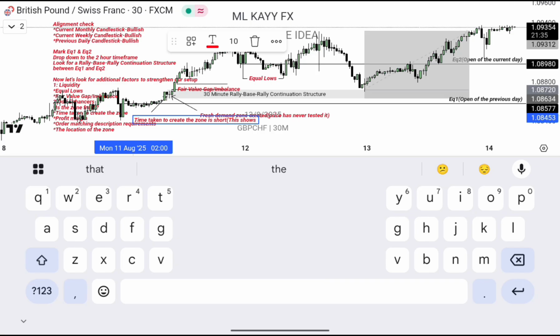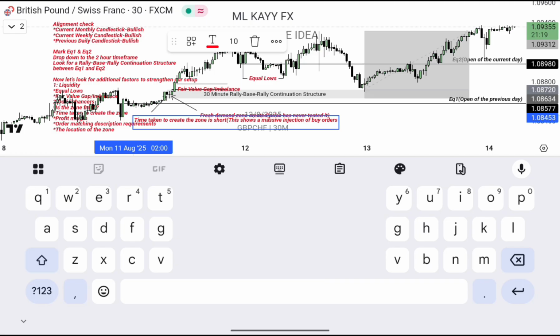Brief consolidation, I simply refer to the order matching process, right? So now there's a certain description for the order matching process. I won't say it due to certain reasons. But in this case, we need to see price take a short time creating the zone, right?